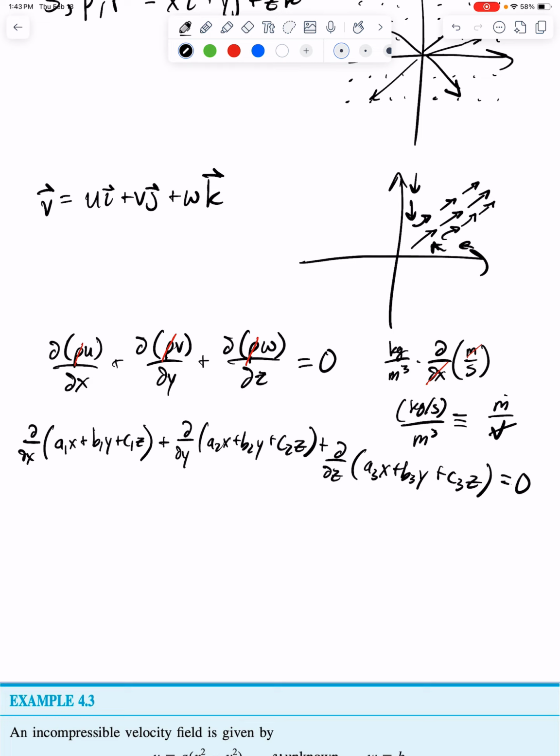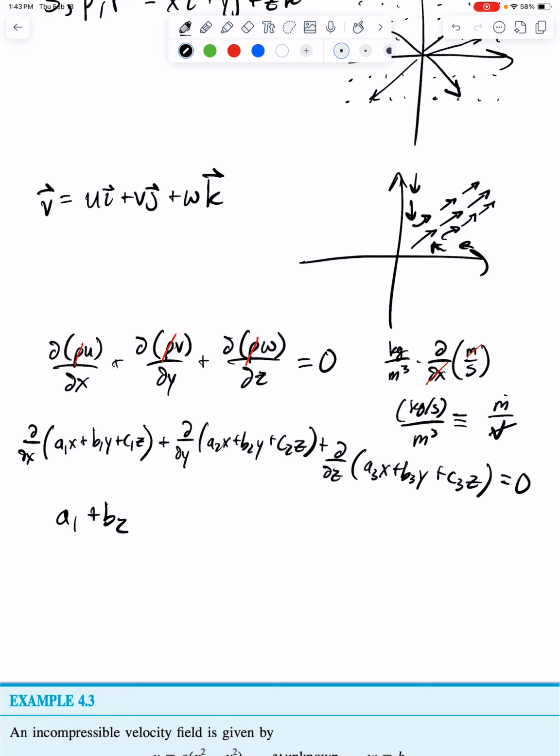In this first term, differential with respect to x, any term that's not x is a constant, so we basically delete it. We're left with just a1. Second term of our equation, z and x are constants when we take the differential with respect to y, so all that's left is b2.